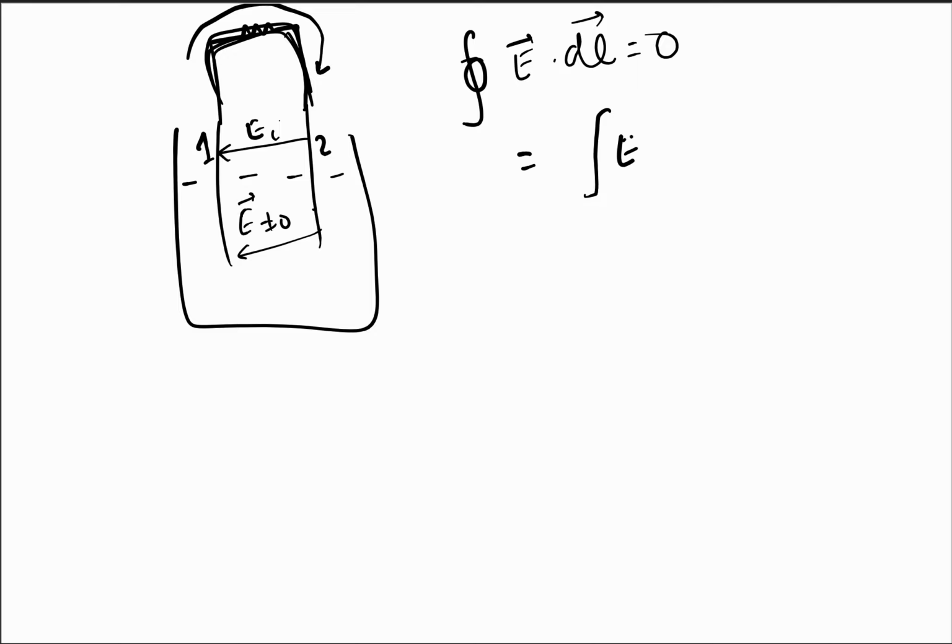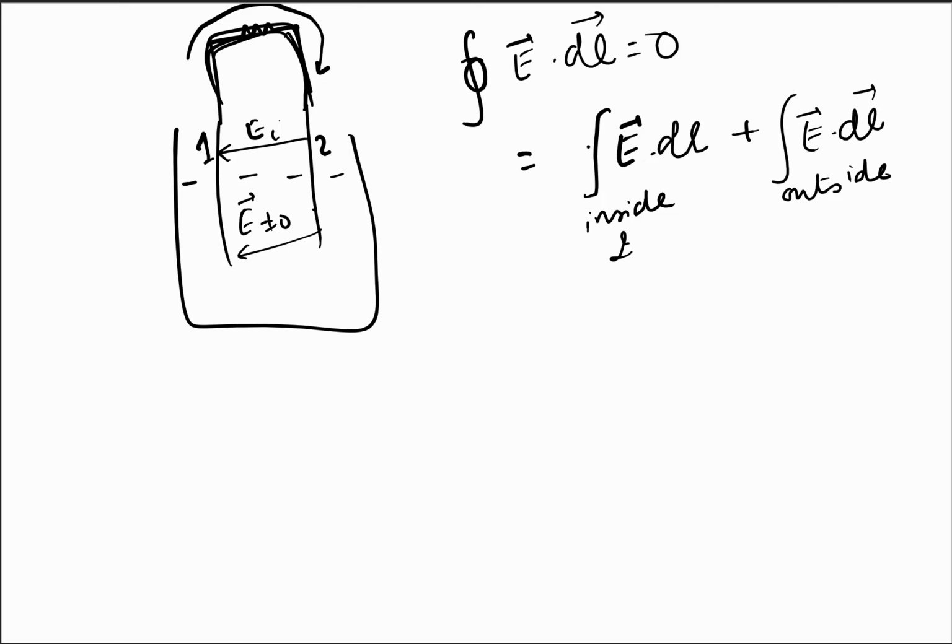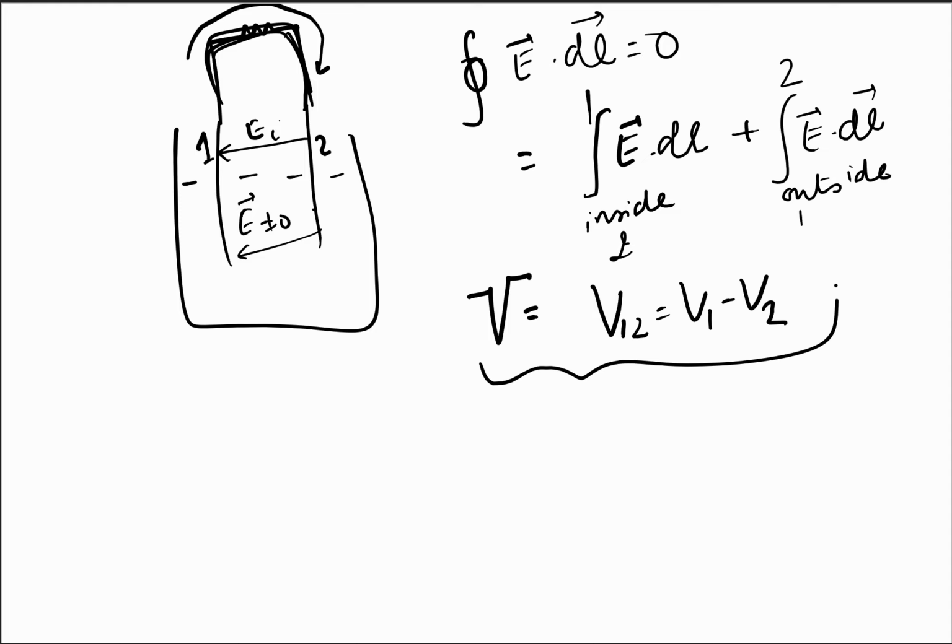That is E dot dl inside the battery plus E dot dl outside the battery. And also, as I already proved, this EMF is equal to V1 minus V2, the potential due to the electrostatic field.